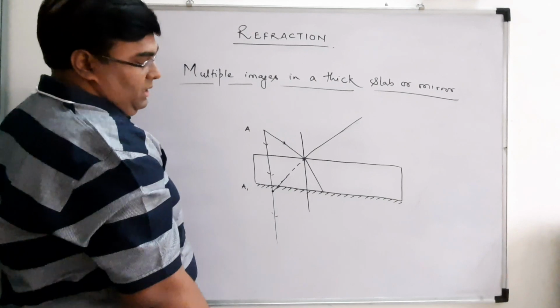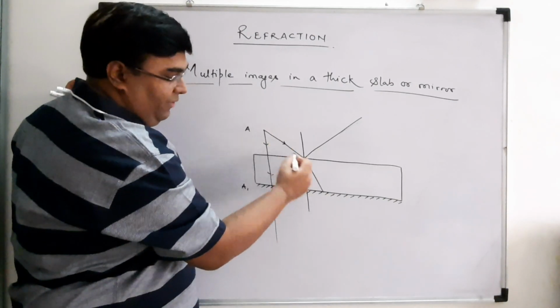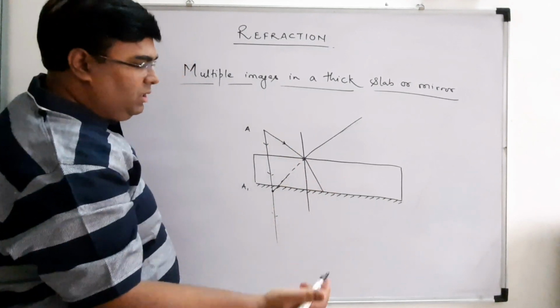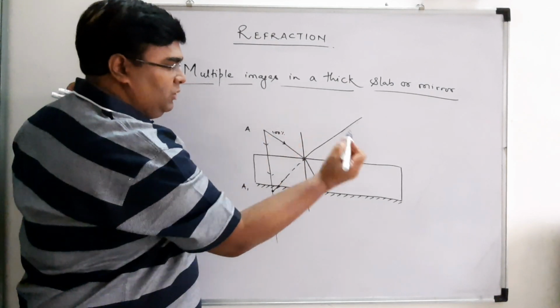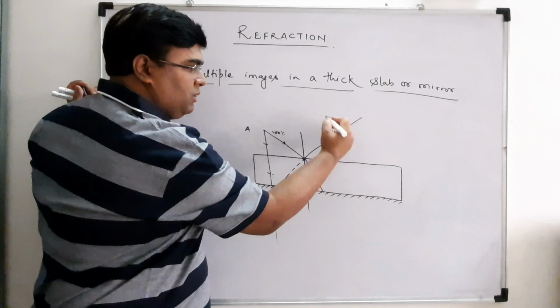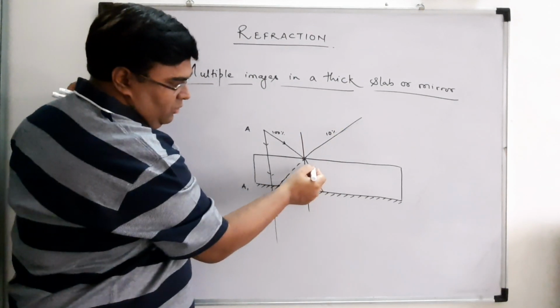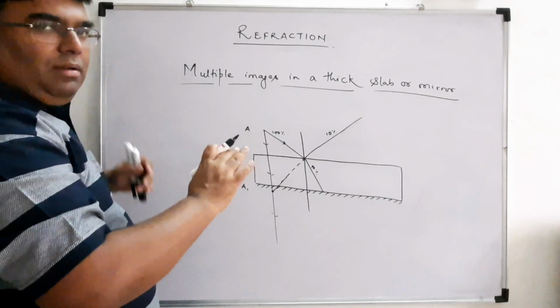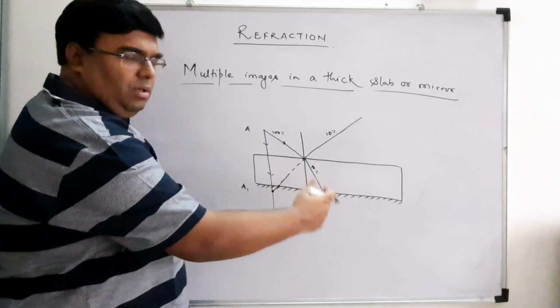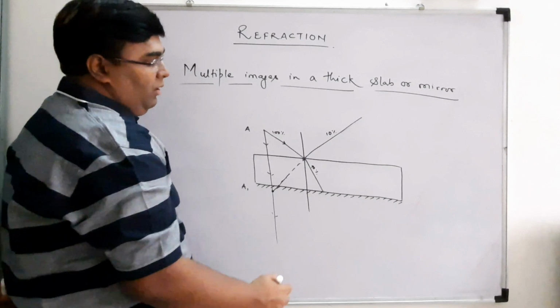Now what will happen next? Suppose this was 100%. Let us say 10% has gone this way and 90% has gone. Of course, the numbers are not real, but let us put a number like 90%.